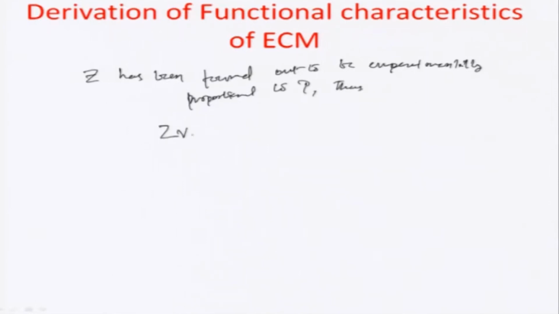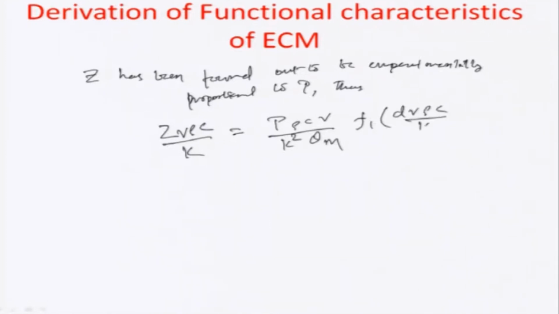Thus, z rho c v by k comes out to be equal to power p times rho c v by square of k theta m, times a function f 1 of d v rho c by k.